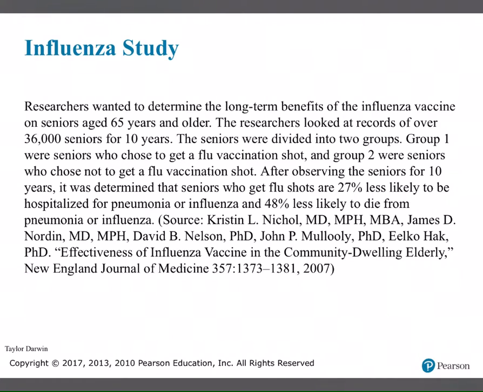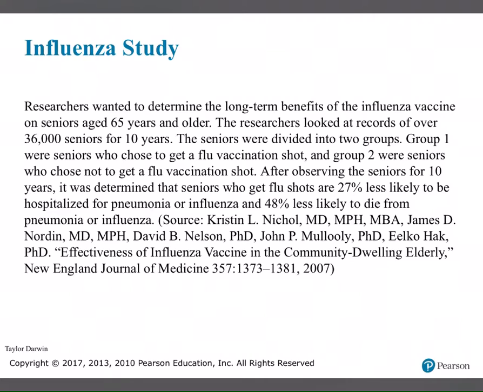So here's a study about influenza, and it says that researchers wanted to determine the long-term benefits of the influenza vaccine on seniors aged 65 years and older. The researchers looked at records of over 36,000 seniors for 10 years. The seniors were divided into two groups.